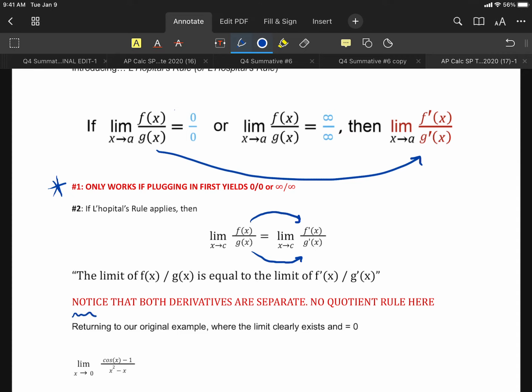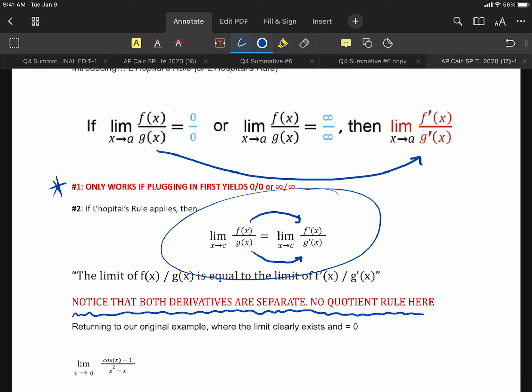The really important caveat here: a lot of people try to take the derivative of the whole fraction using the quotient rule. There is no quotient rule here. This has nothing to do with the quotient rule. This is a separate thing called L'Hopital's rule. The numerator and the denominator you treat separately. And again, we'll see why on Wednesday.